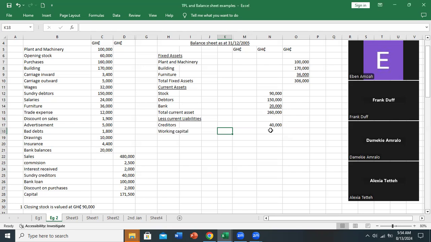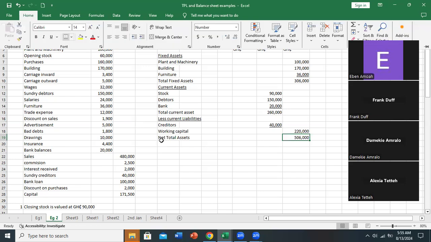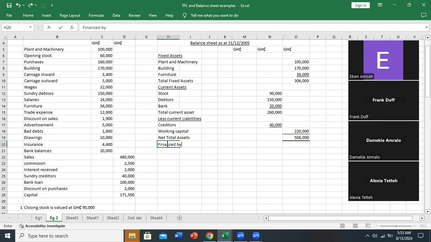So we now add it to the fixed assets, and I think we'll get a total of 506,000 as the net total assets. The net total assets. You finish up your balance sheet by looking at your financed by, and the obvious first item is capital.